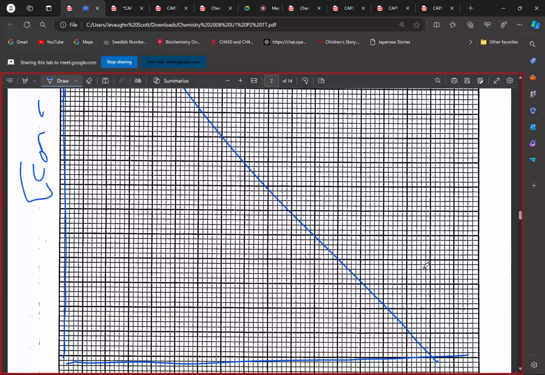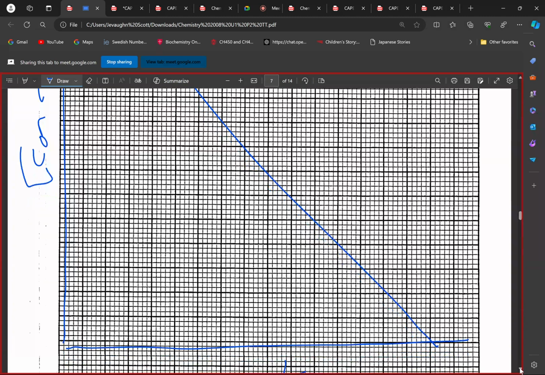And that line will show the proportionality between the concentration and the time, right? So that means at this point in the graph, at this given time down here, we're going to have the concentration here. So we're basically going to be extrapolating like that.